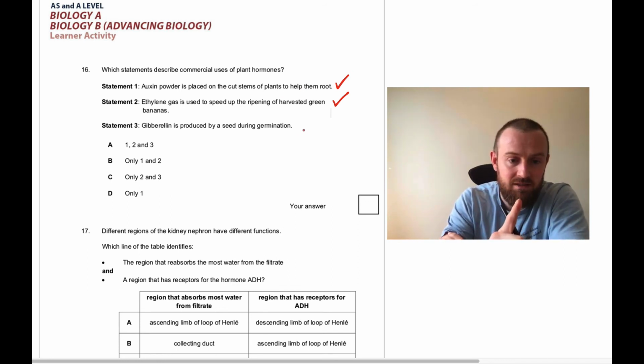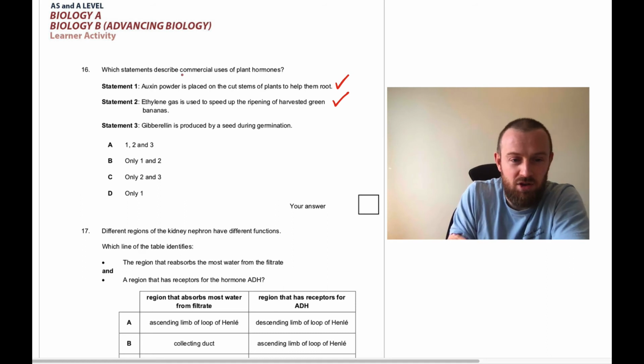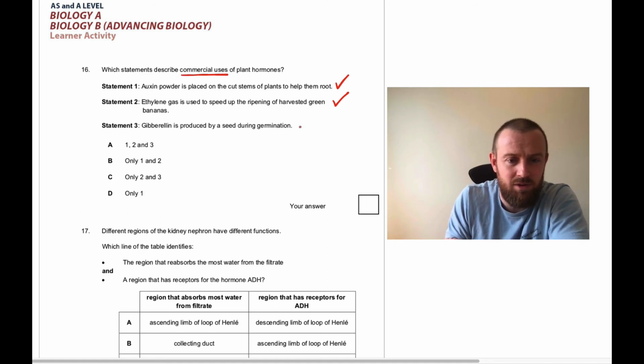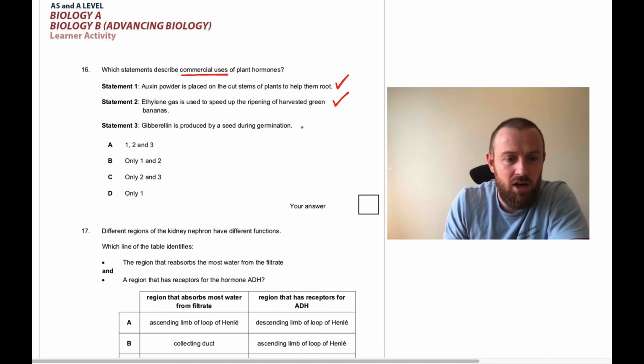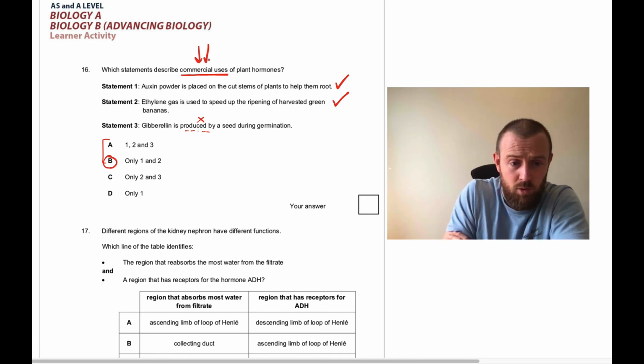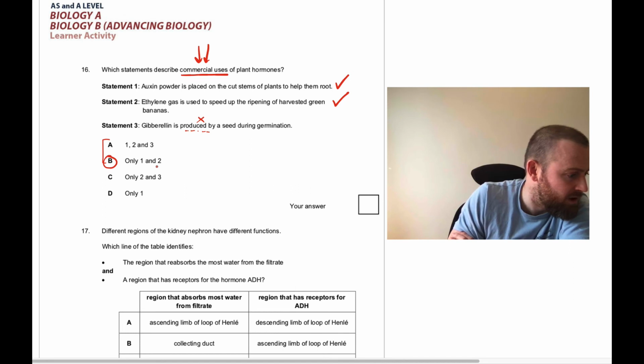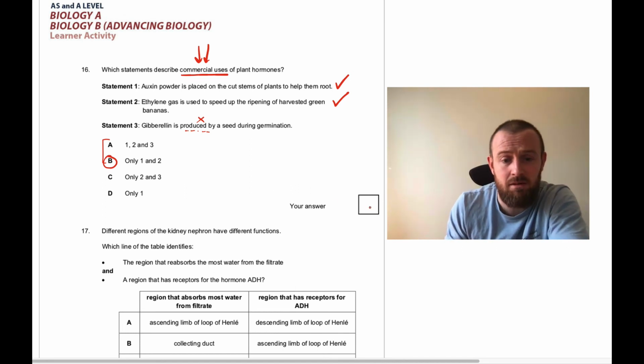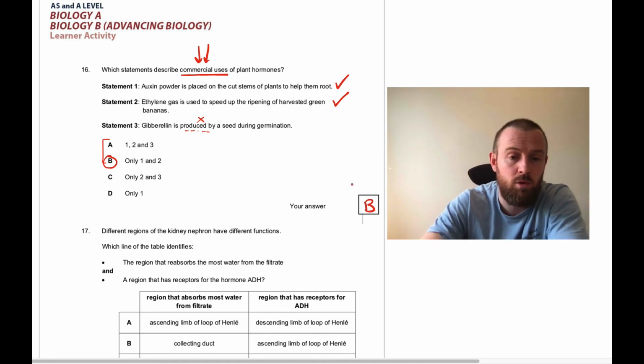But is that a commercial use? Is this really what this question is about? So it could either be 1, 2, and 3 or just 1 and 2. They're both options. I think the question is asking us to do B, because this is not a commercial use, it's just a natural use. So it's really asking you, did you spot this word commercial here? Is that right? Yes, it is. It's 16B. What a horrible question.